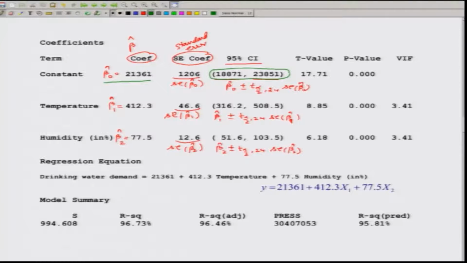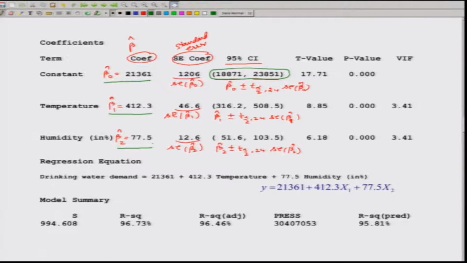So you can see that the point estimate is lying within the confidence interval. And similarly, the value of beta 1 hat indicates that the point estimate is 412.3, whereas the confidence interval is 316.2 to 508.5. So one can also see that this is going to lie within the confidence interval, and the same thing is true for beta 2 hat also, right?